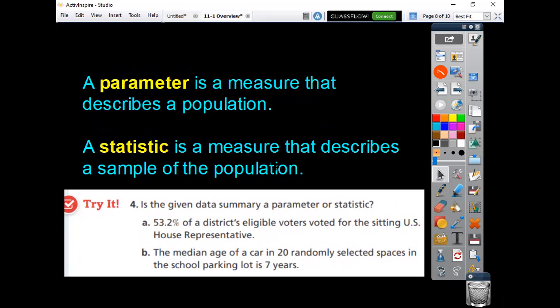So a parameter or a statistic: 53.2% of the district's eligible voters voted. That's a specific number that you've analyzed, so that's your statistic. Now when you go back and you're generalizing and looking for the median age of a car in 20 randomly selected spaces in the school parking lot, it's 7 years. So this is the median age. This is getting back to the whole thing that you're trying to measure, the parameter.